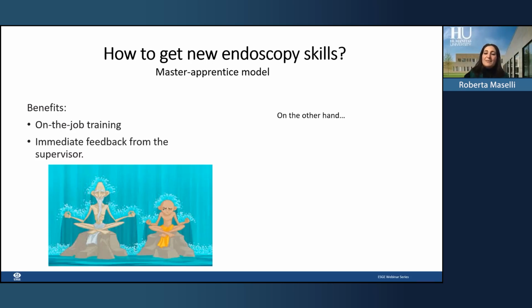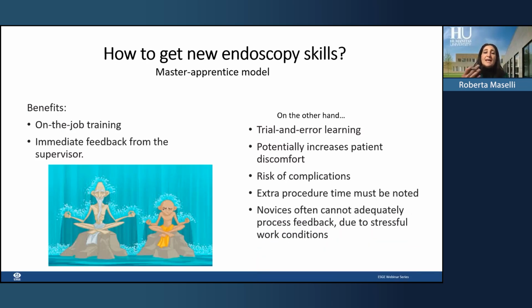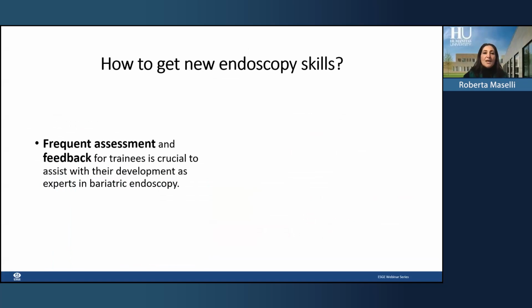But at the same time, on the other hand, there are some errors and potentially increased patient discomfort, because maybe the procedure could be longer and more complicated, so we have more risk of complications, and extra procedural time, as was said. And most of the time, because it is already a complication, it is a stressful working condition, so it's not really the best condition to teach and to learn at the same time how to manage that type of complication.